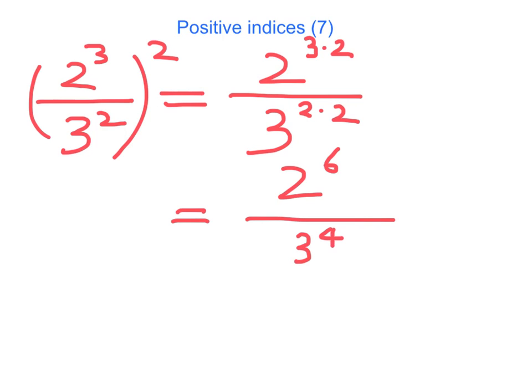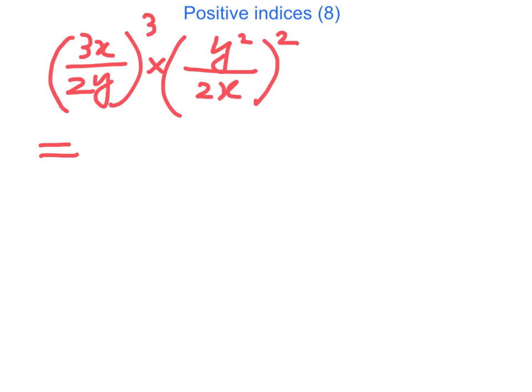As you can see, the numbers may be quite large in terms of fractions, but you can solve it with a little bit of time. 2 to the power 6 is 64, and 3 to the power 4 will be 81.